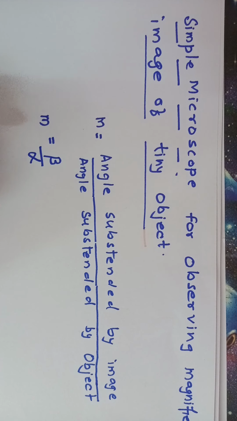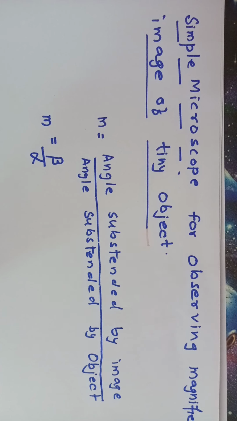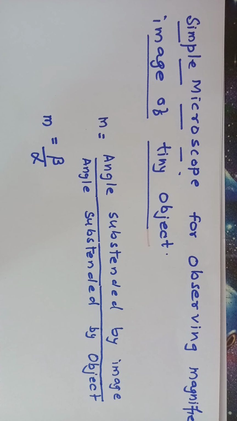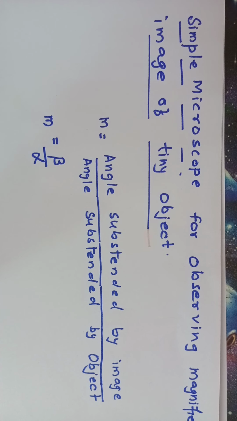Good morning, students. Today we will discuss the magnification power of a simple microscope and a compound microscope. We all know the magnification is given by the angle subtended by the image upon the angle subtended by the object.